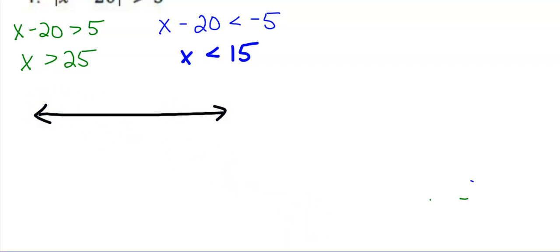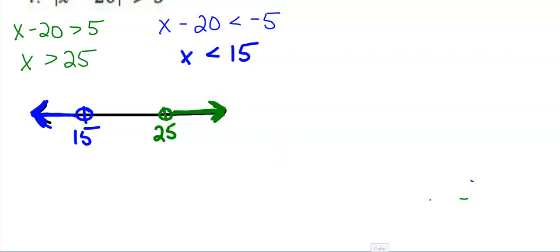Make sure you realize that 15 is to the left of 25. I'm going to put the 25 here, 15 over here to the left. Let's do the 15 part. Everything less than 15 is an open circle, and everything this way. Everything greater than 25, open circle, everything this way.